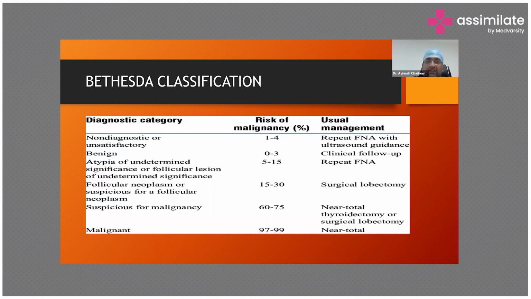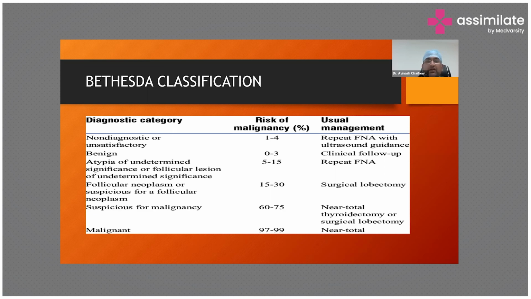Based on the FNAC, it is again standardized for reporting as Bethesda 1 to 6, in which 1 is non-diagnostic or unsatisfactory. Sometimes when you poke a needle, only blood comes or only normal fluid comes and you're not able to get any follicular cells. So you can't say whether it is malignancy or not, so you categorize it as Bethesda 1.